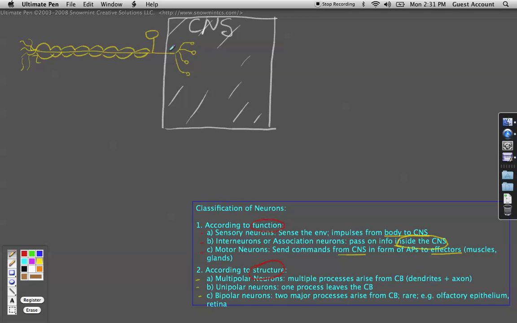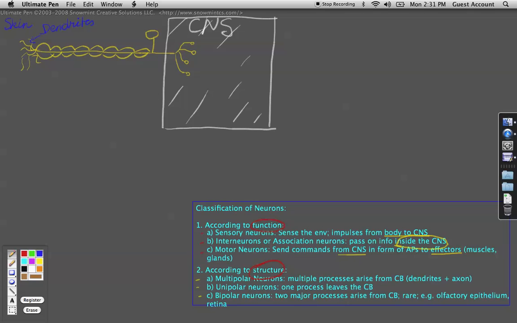But I'm drawing a sensory neuron that actually starts in the skin. So how about I use blue to represent that. For instance, we're looking here at the skin, and these little dendrites that we see here are wrapped around a hair follicle.